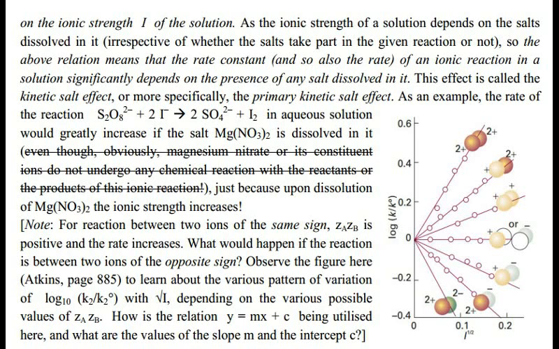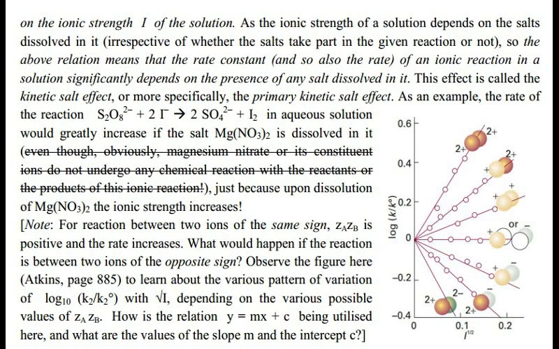It's also generally called the kinetic salt effect. So Levine says it is the primary kinetic salt effect, and there is also a secondary kinetic salt effect which we'll learn, which in addition to the primary kinetic salt effect is sometimes observable.